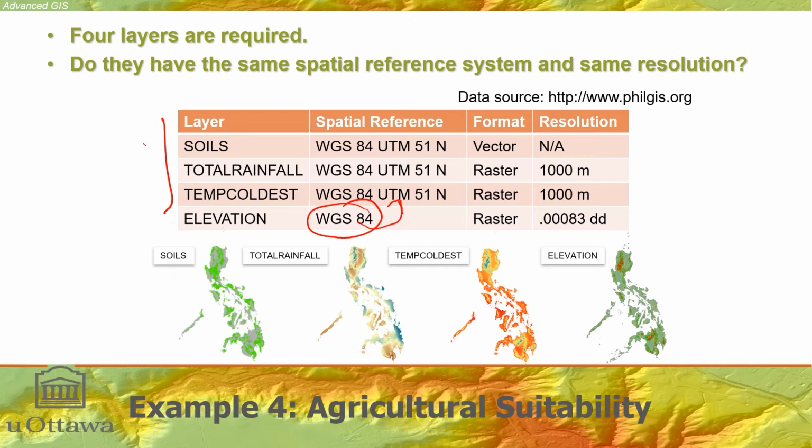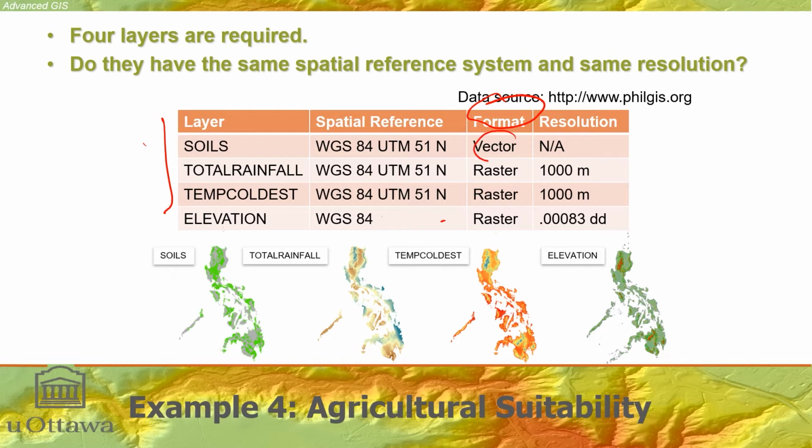Because from the south to the north of the country, the width of a cell will be larger to smaller as we go north in the Philippines. And so slope calculations will be biased by that. So we really want to analyze our rasters whenever possible in a projected coordinate system, where 1 meter of x is equal to 1 meter of y, no matter where we are within our study region. So we know we have to do one conversion here to that coordinate system using the project tool in data management.